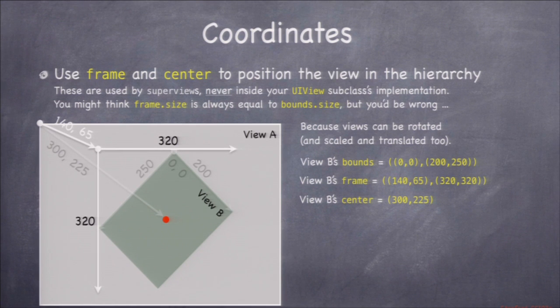Yeah. When would the origin of bounds not be 0, 0? That's an excellent question. The origin of the bounds, since it's your own coordinate system, is up to your own interpretation. So, for example, a scroll view uses the origin to say, where am I looking in the thing I'm scrolling on? That's just the way it defines origin. You can define what you want origin to mean, okay?